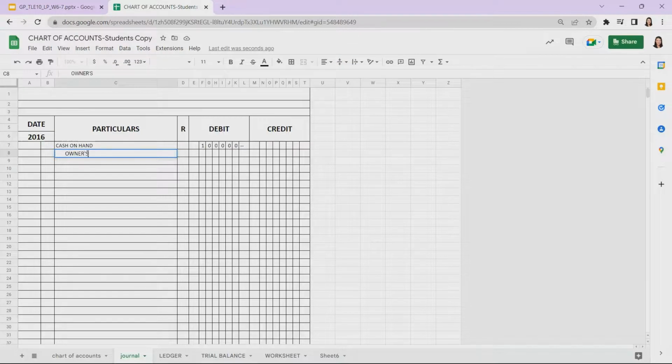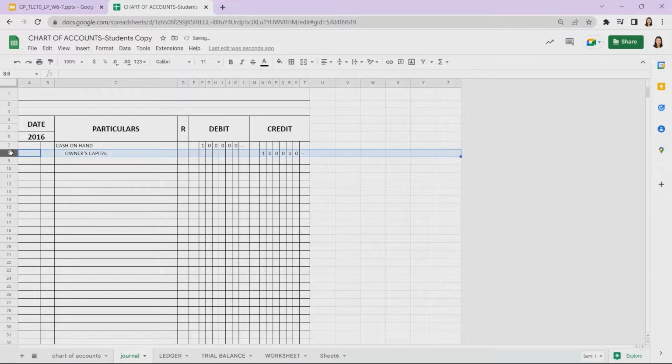Owner's capital. How much? It is 100,000 on the credit side. Again, it should be on the credit side.